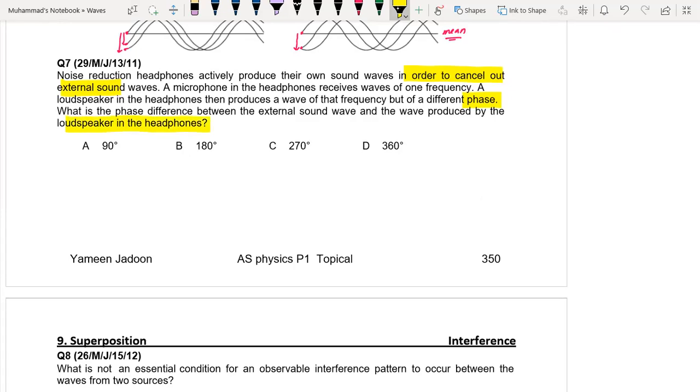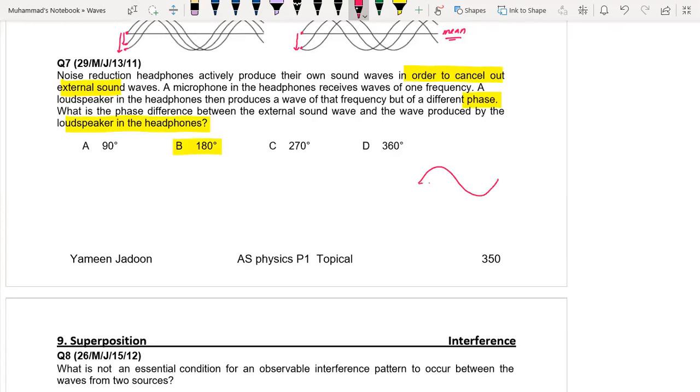So what we want is for the resultant wave to be zero, because it produces a wave which is out of phase with the original wave to cancel the effect of that wave. So the phase difference between these two waves must be 180 degrees. They must have a phase difference of 180 degrees to cancel the effect of each other.